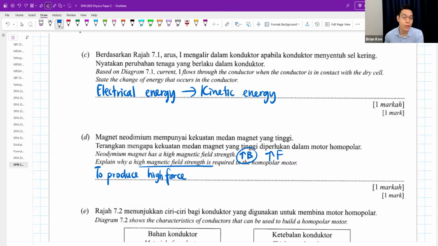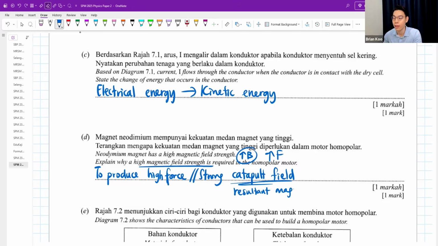Or so that I produce a strong catapult field, also can. Okay, so that I produce a strong resultant, catapult field is the same as resultant magnetic field, also can. Yeah, the answer they want is actually pretty simple.